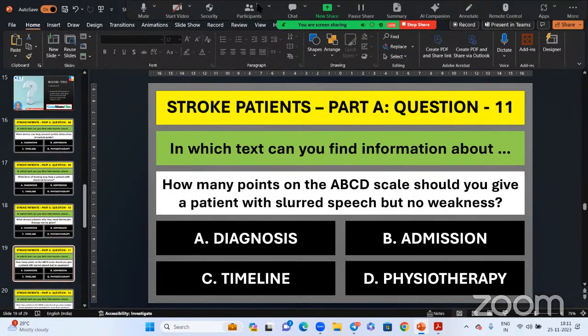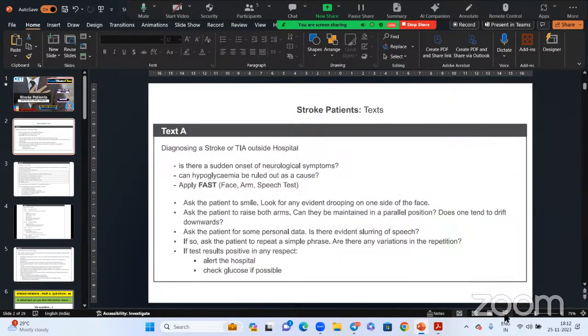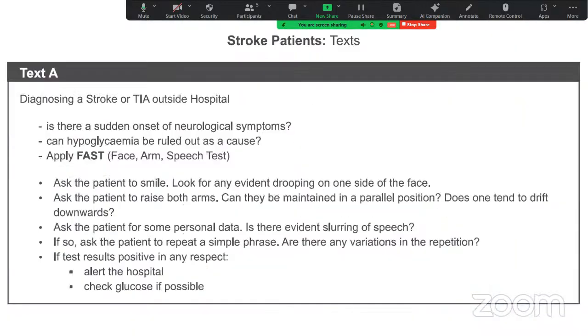Question number 11. So before that, just go through the texts once again. No need to study, just to get an idea of this.